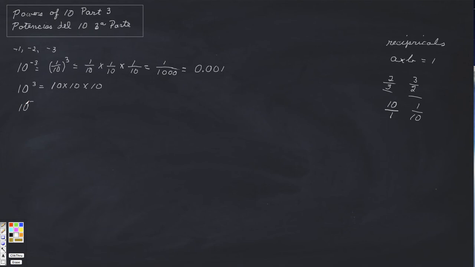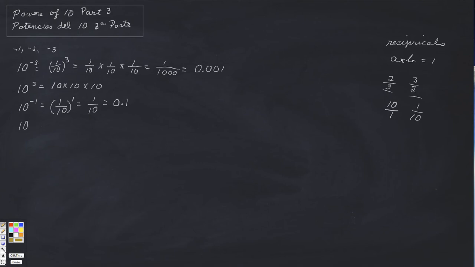Let's look at 10 to the -1. 10 to the -1 would be again 1/10, but this time raised to a +1. A number raised to 1 is simply equal to itself, 1/10. 1/10 in decimal notation would be 0.1.